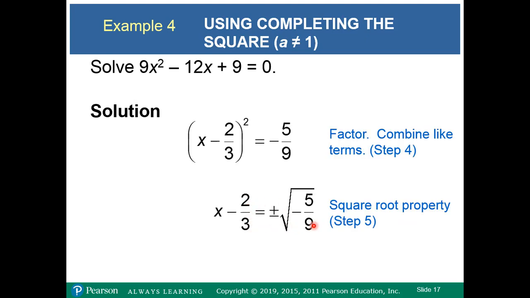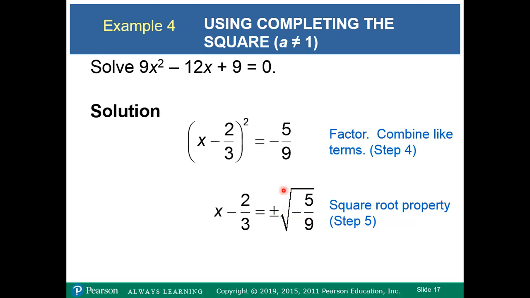Okay, and so this side here becomes i, right? This is going to be i, and this is going to be the square root of 5/9. This is not reducible, but we can get an i out here, and so it'd be 2/3. And this is going to be 1/3, right?